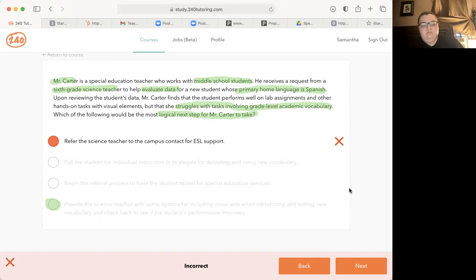And this one gives the science teacher an opportunity to continue to support her, including visual aids, which is best practice for everyone, whether you're EL, special ed, or just a general native English speaker in the classroom, in order to check for understanding with vocabulary. So I would do this. I would check on the student later, give him that kernel of knowledge, and then check back later. So visual aids for everyone.